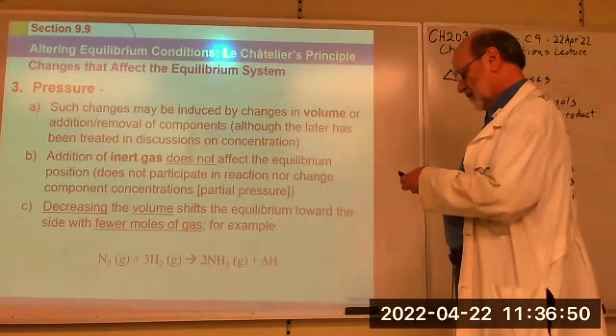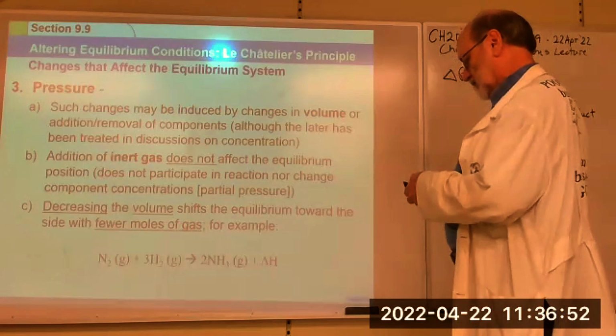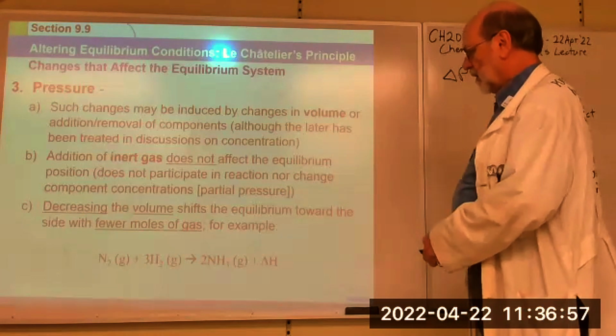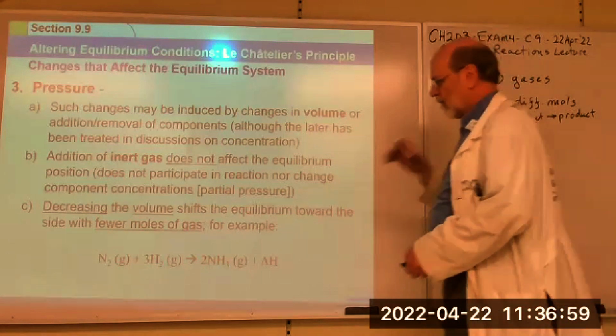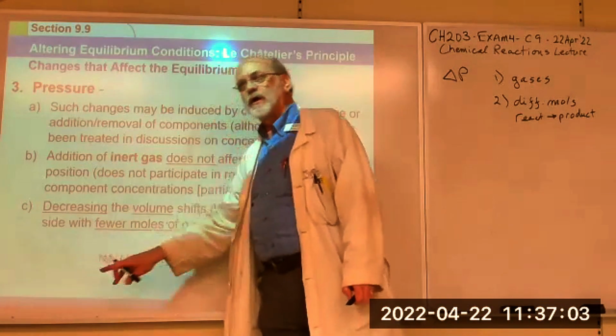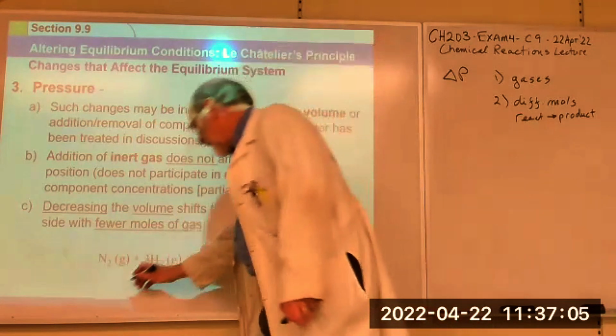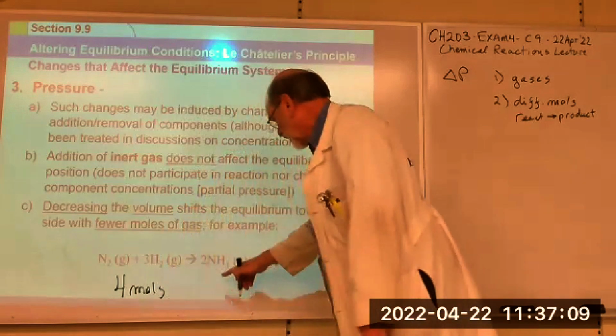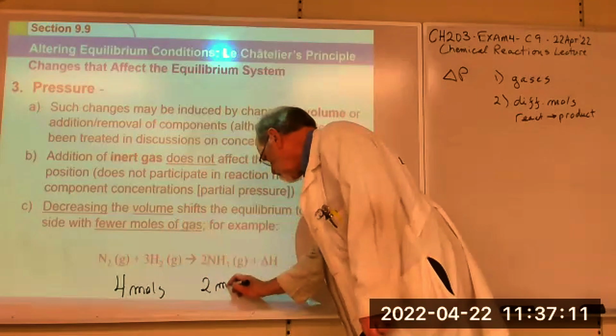Okay, so here we have Haber again, right? Nitrogen, hydrogen, ammonia. So how many moles of gas do you have on the reactant side? You have 3 and 1, it's 4. So you have 4 moles of gas over here. And over here, you have 2 moles.